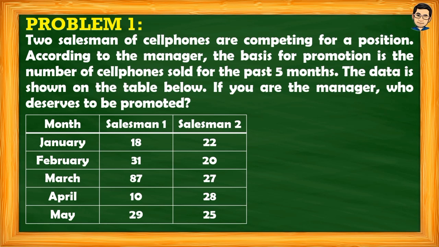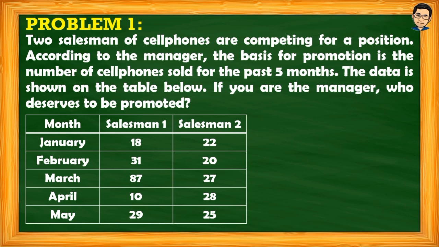On April, ang benta lang ni salesman 1 ay 10 units, pero si salesman 2, nakabenta siya ng 28. During May, si salesman 1, nakabenta siya ng 29, and si salesman 2 naman, nakabenta siya ng 25.